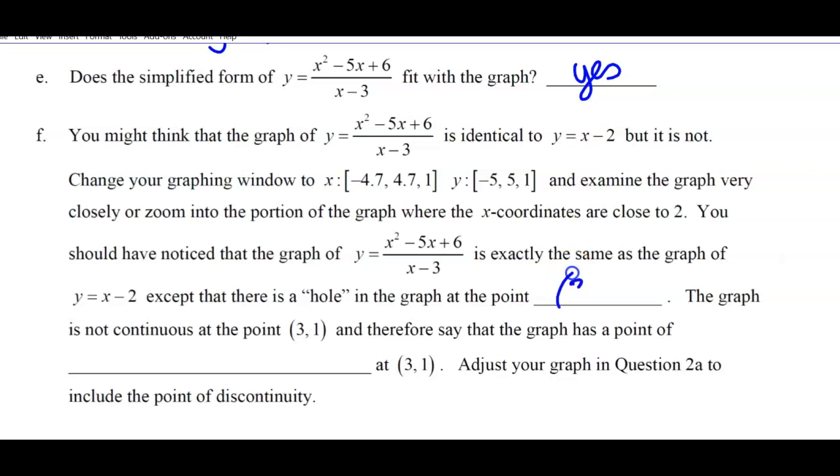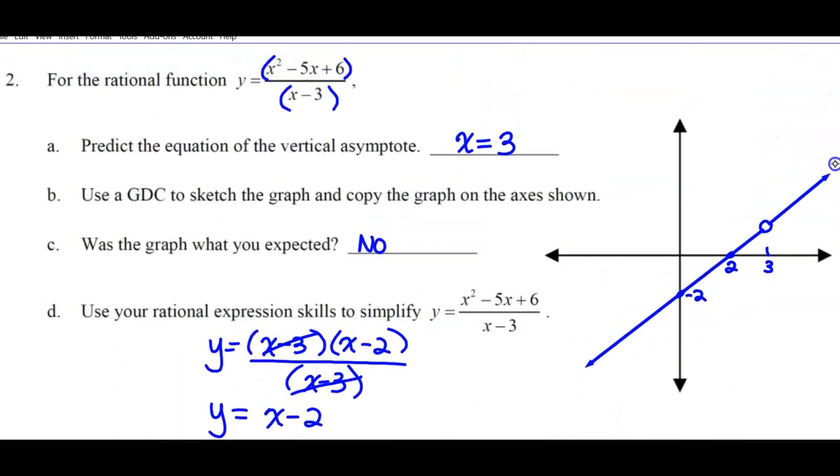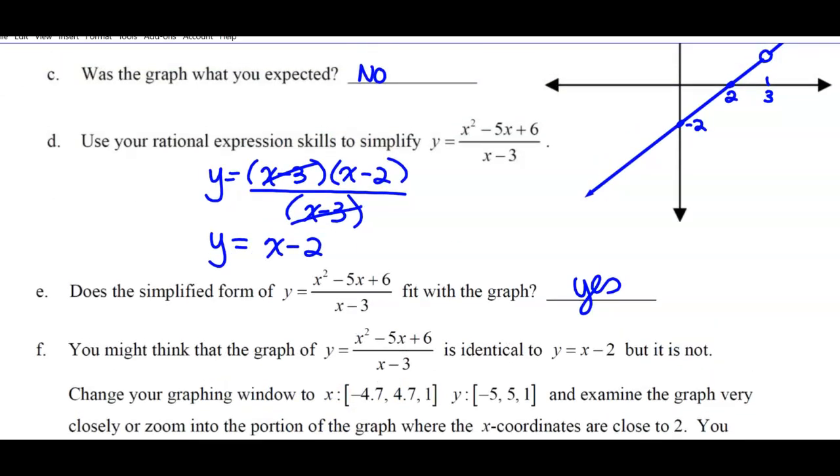Okay, so this is where we know it's 3 for x. How do we get y? If I put 3 back into the beginning, I get undefined, right? So I can't put it back into the original to get the y value, because I'd be dividing by 0. I want to put it back into the simplified form.